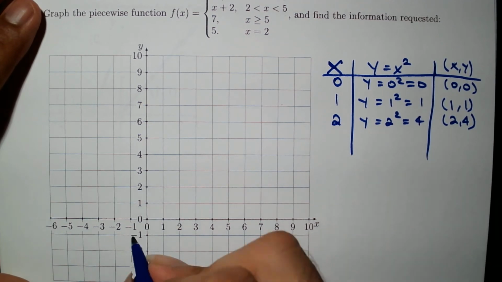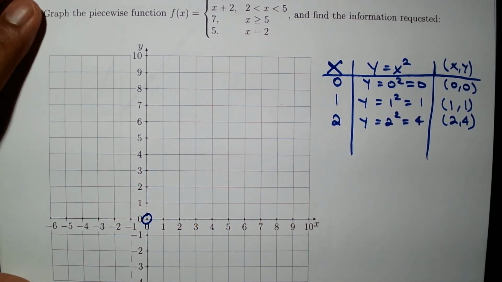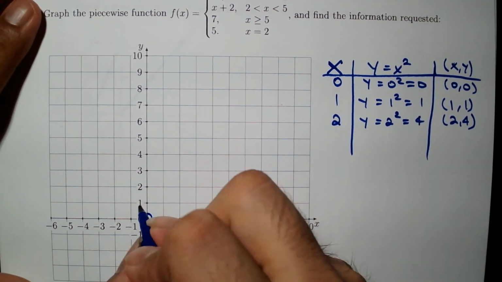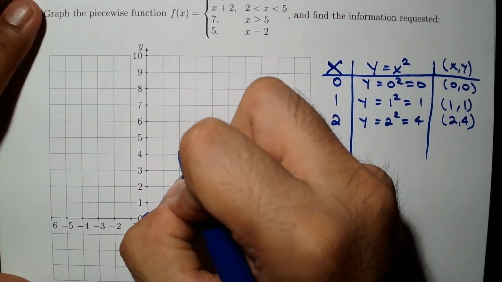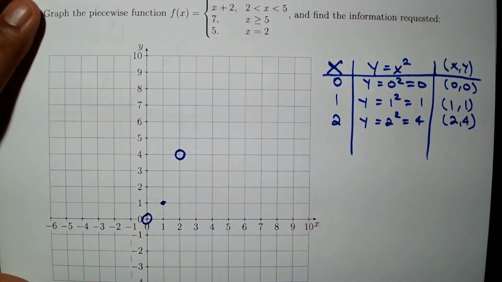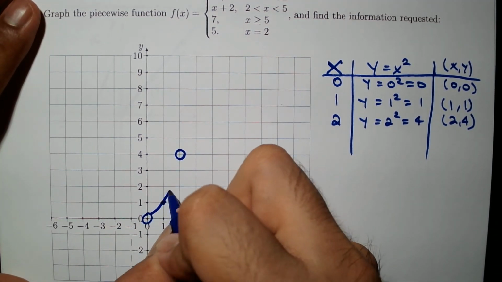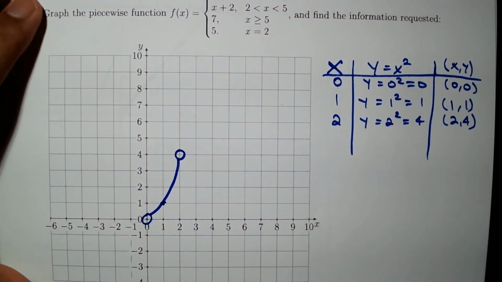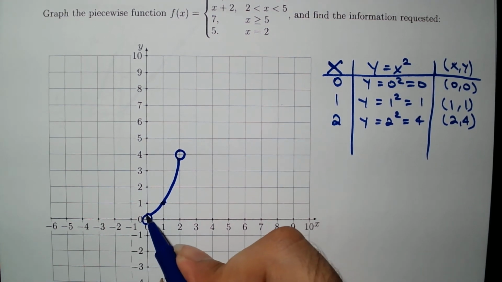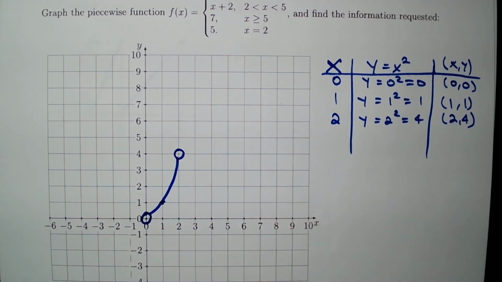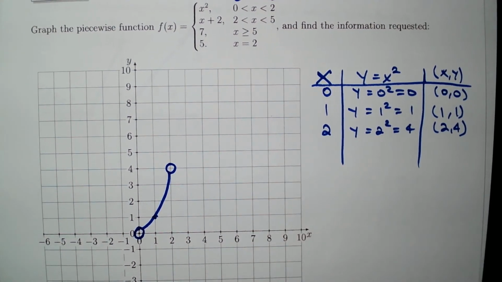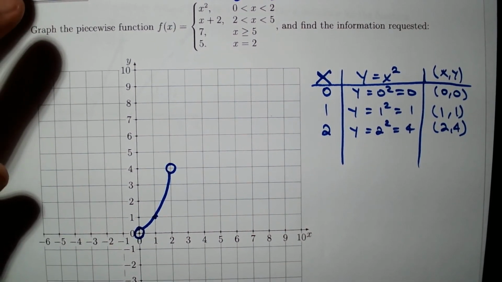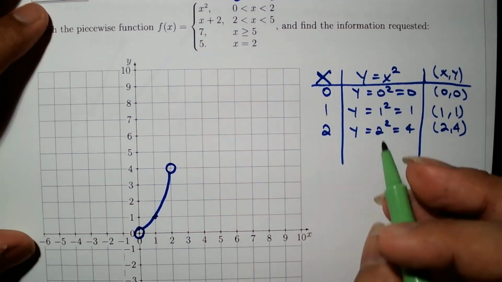Okay, so the origin will have an open bubble, and then the point 1, 1 is going to be filled in, and then the point 2, 4 is going to have an open circle. And I'm going to graph this part of the parabola like this, okay, with open circles. Okay, let's look at the second part of the function, for which x can be, again, not just any number.